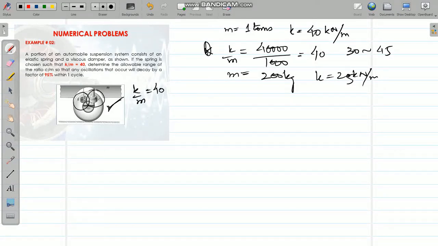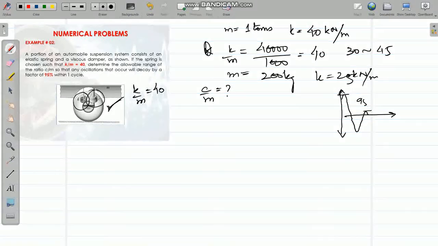It says determine the allowable range of the ratio c over m, such that any oscillation that occurs will decay by a factor of 95% within one cycle. This is a very important concept. If it starts at 100%, then in the next cycle 95% of the amplitude should decay.